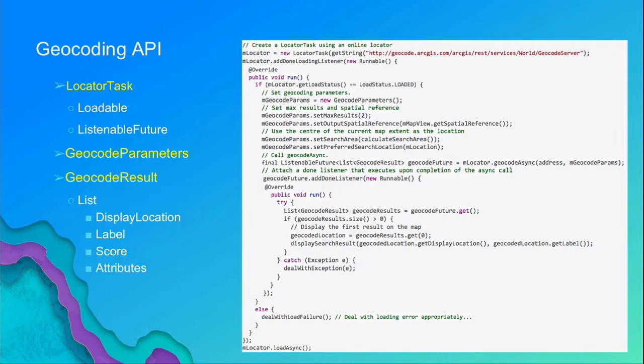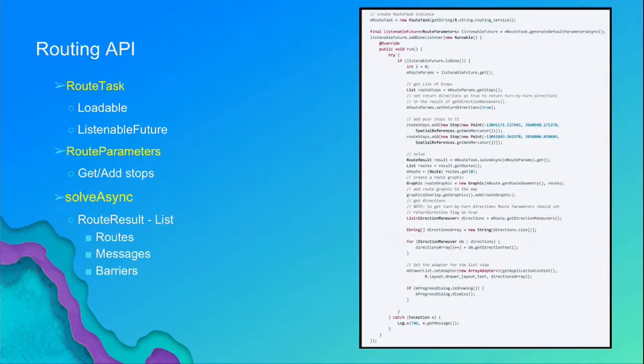By passing in the geocode parameter, you get a list of geocode results which contain the label, which is the address, and also the location of the address.